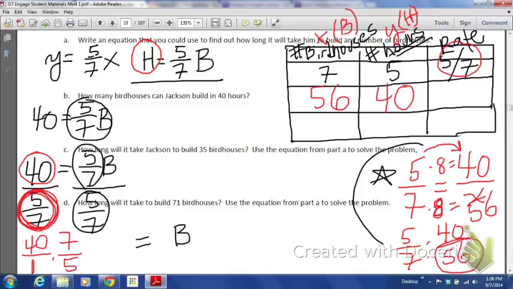So we're multiplying 40 over 1 times 7 over 5, and that equals 280 over 5. If you did this division, you would get 56. So 56 equals b, or b equals 56. This is the algebraic way to solve the problem.